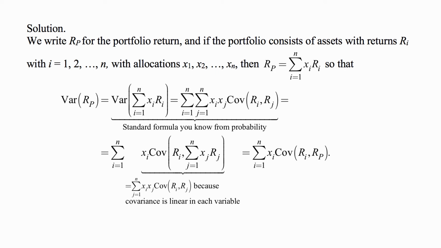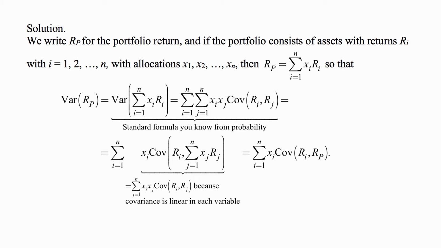And then what we do here is we take that part with j equal to 1 to n and use the property that covariance is a linear operator to move the covariance in front of this. Now, of course, xi does not depend on j, so we can just move it in front immediately because it's a constant.